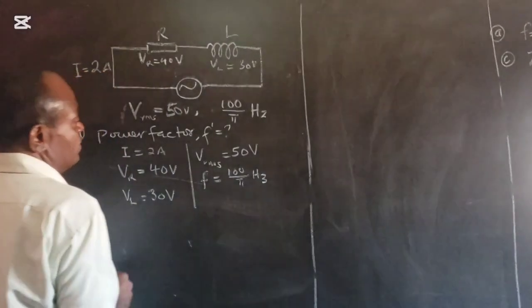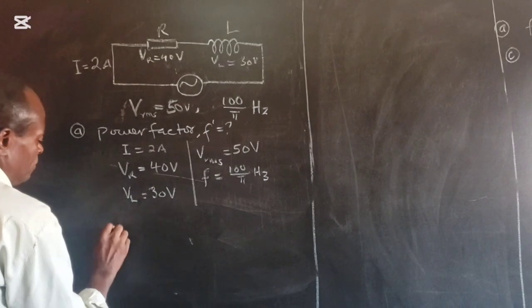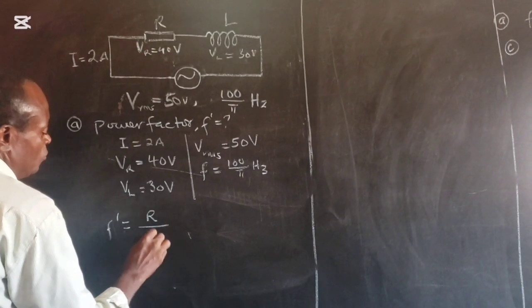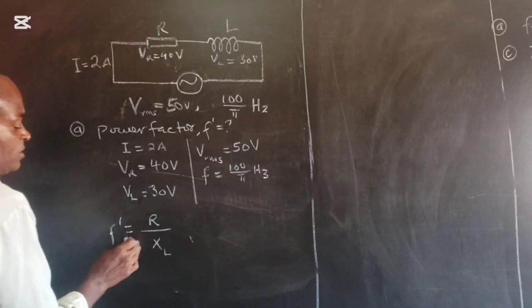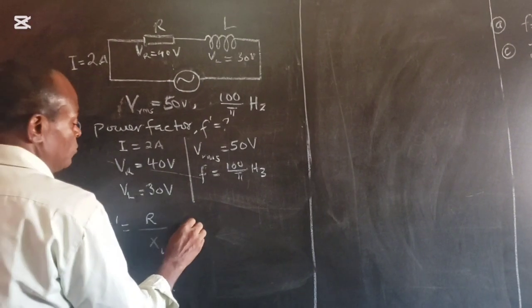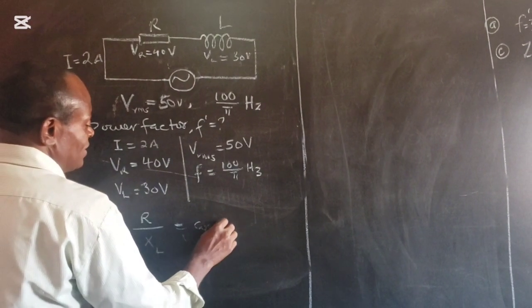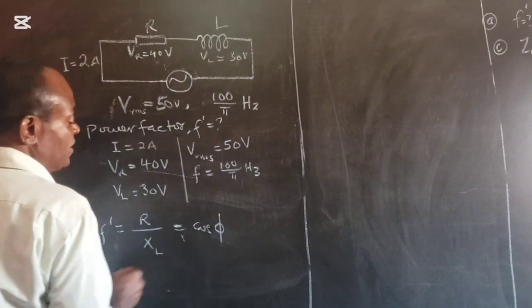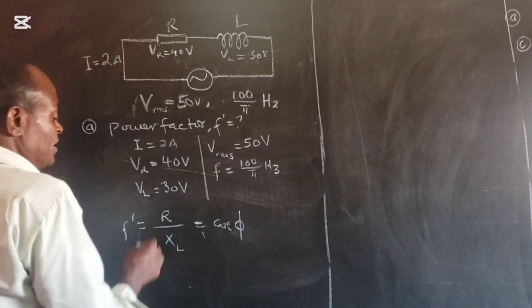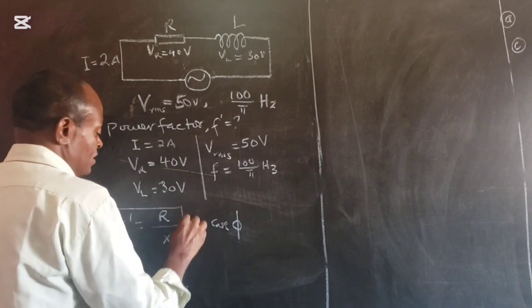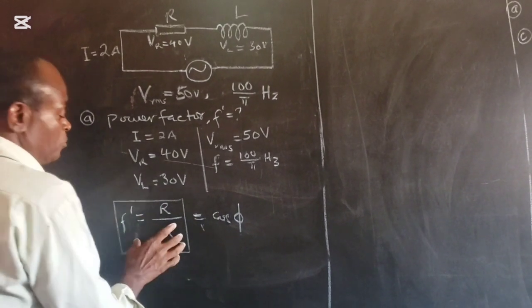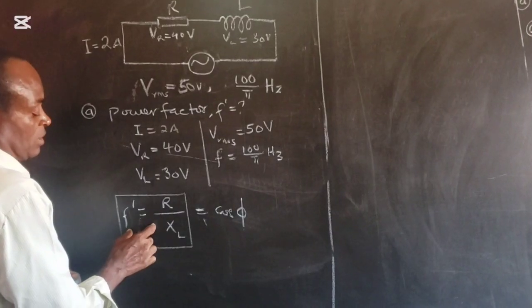So we have this. By definition, power factor is resistance over reactance. This is by definition. It could also be defined as the cos of the phase angle. In this case, since the phase angle was not given to us, we have to use the first one.